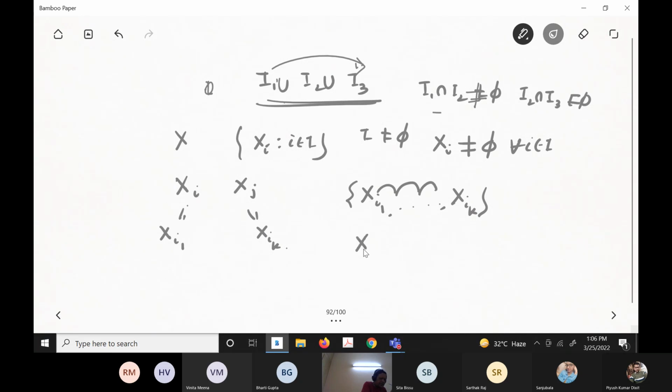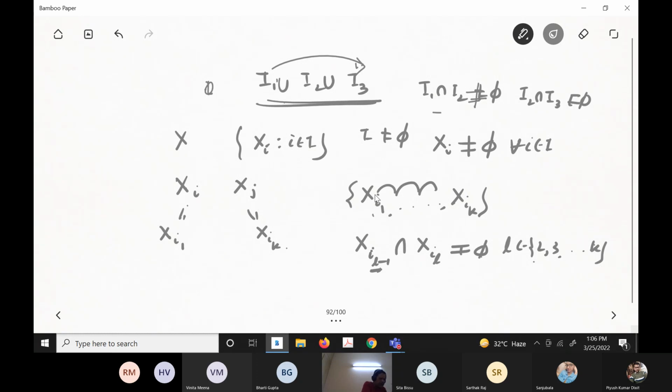That means X_{i_{l-1}} intersection X_{i_l} is non-empty for l belongs to 2 up to k. Here I am taking l starting from 2, because 2 minus 1, that is i1, will come.